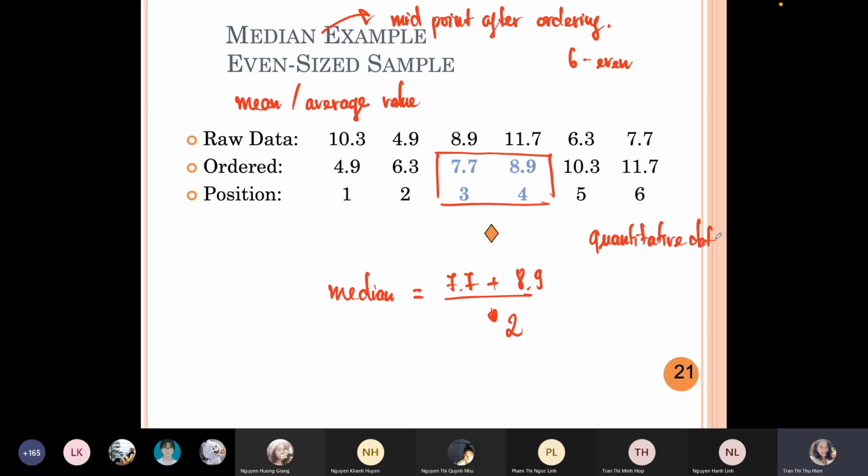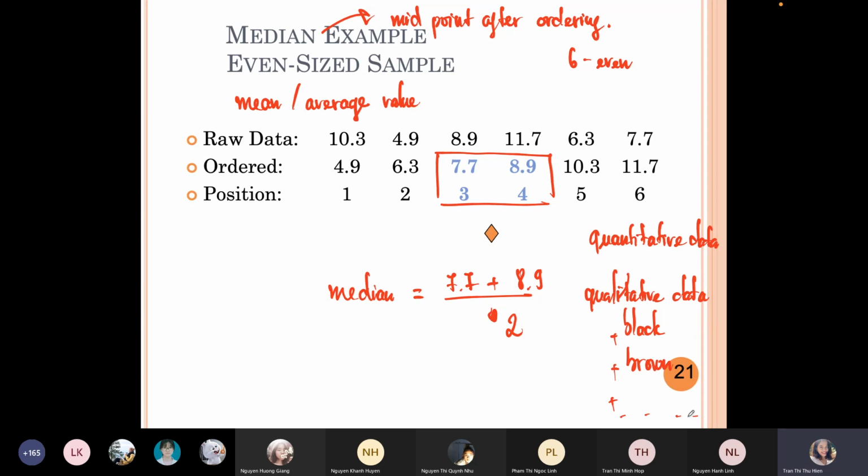But for qualitative data, maybe for colors, like hair color, is this black, brown, or green, like that? We have some qualitative data.